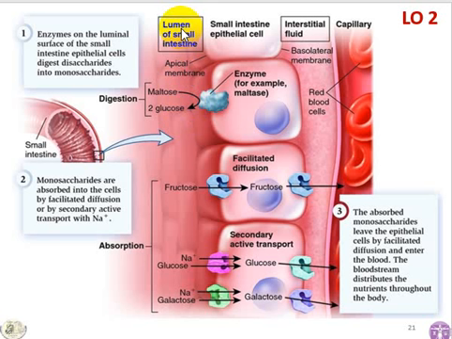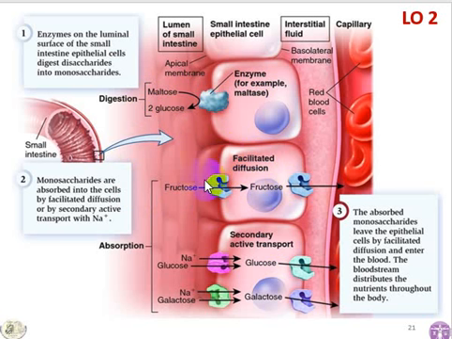So when a disaccharide is present in the lumen of the small intestine, for example the maltose, it will be digested by the enzyme known as maltase, giving 2 units of glucose. Glucose will be absorbed into the intestinal epithelium by active transport with sodium, while fructose is transported into the intestinal epithelium by facilitated diffusion.